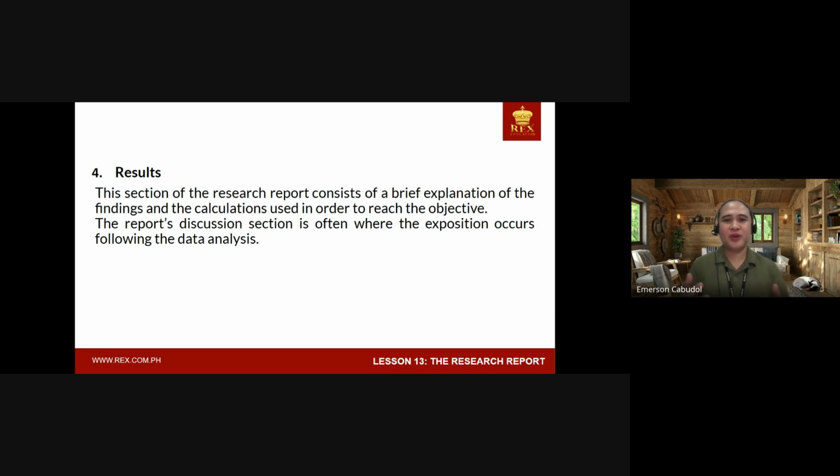And then we briefly explain what the findings mean in relation to the research questions, but without delving into interpretation. This will be reserved for the discussion section. Lastly, the limitations of data. We acknowledge any limitations encountered during data collection or analysis that may affect the interpretation of results.